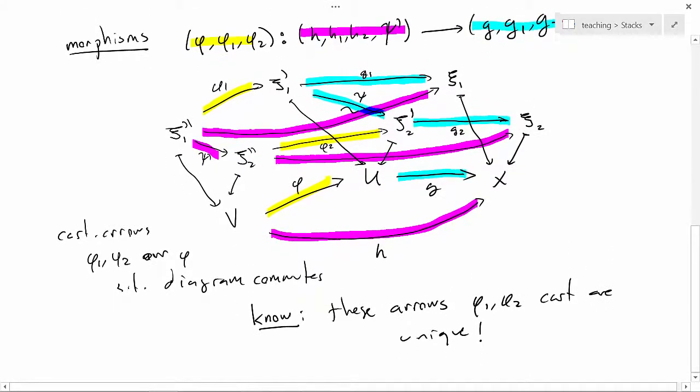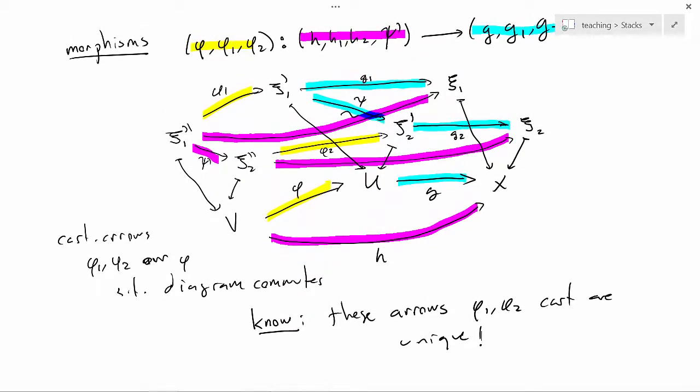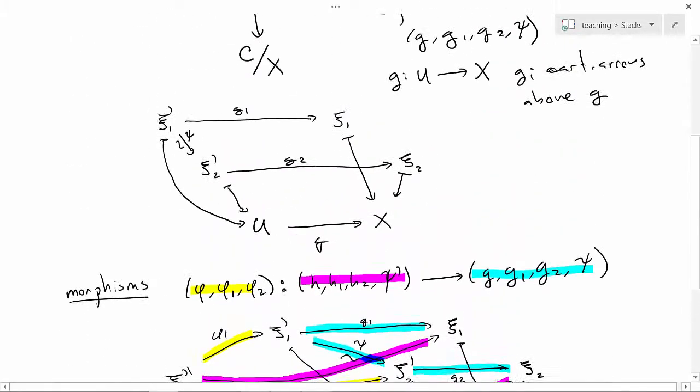So what we find is that, first off, I have to say, this is a fibered category, right? So we've defined just the objects and the morphisms.